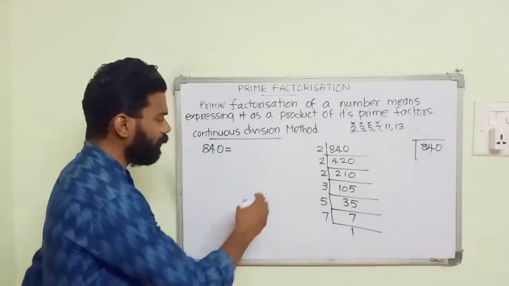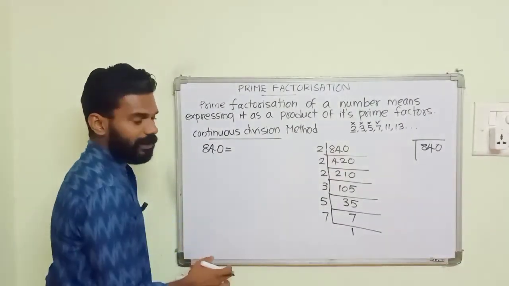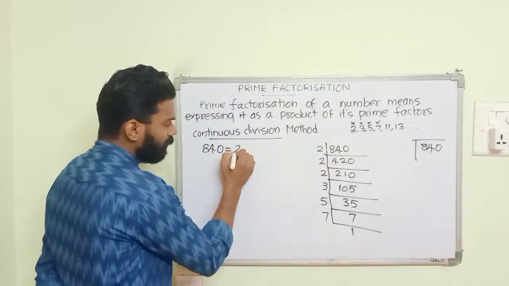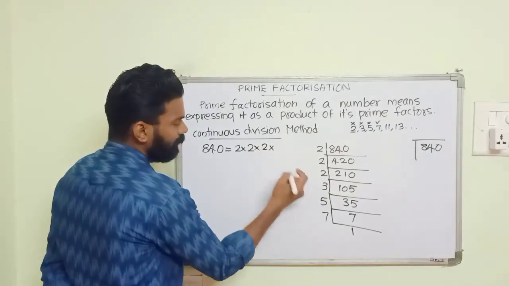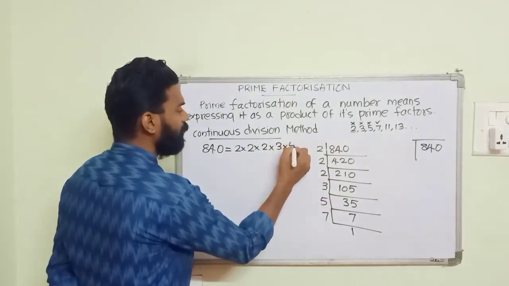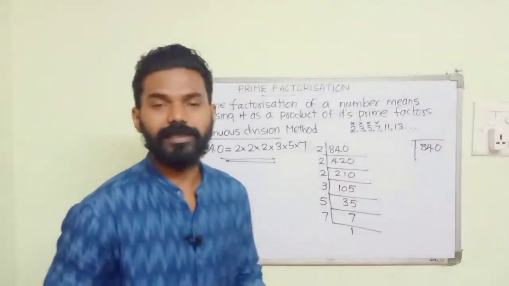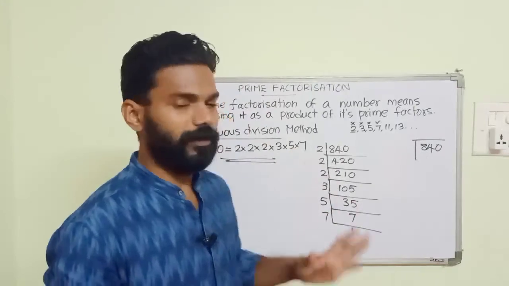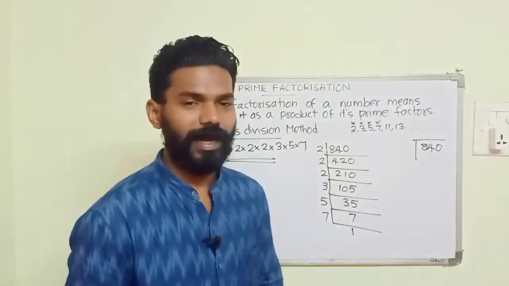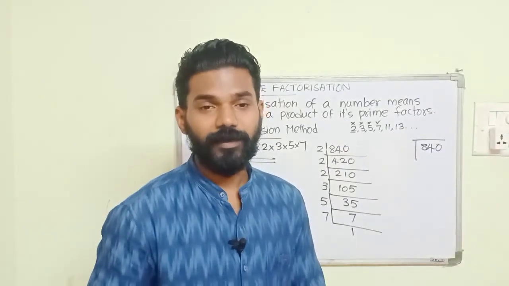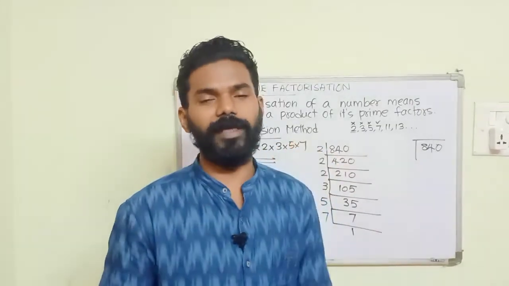Okay, so now you tell me, 840 can be written in its prime factorization in the form 2 into 2 into 2 into 3 into 5 into 7. This will be the prime factorization for the number 840. So hope you all understood how prime factorization can be done for bigger numbers by using the continuous division method.